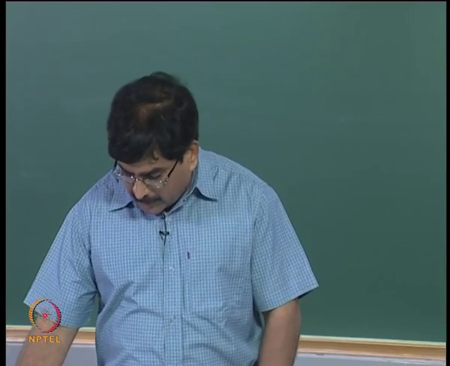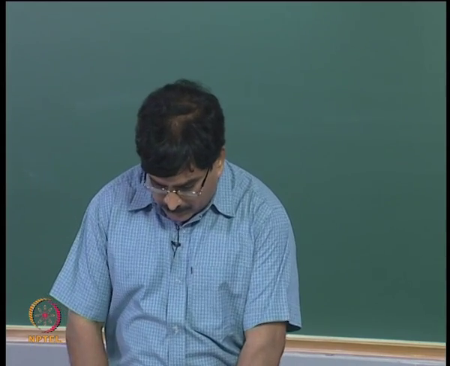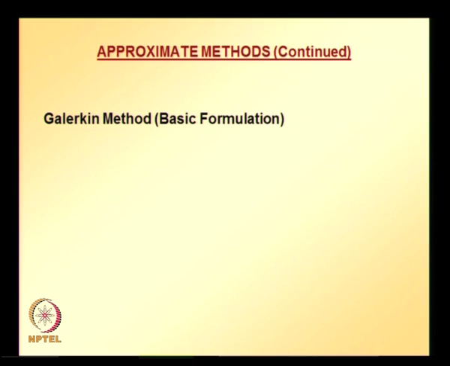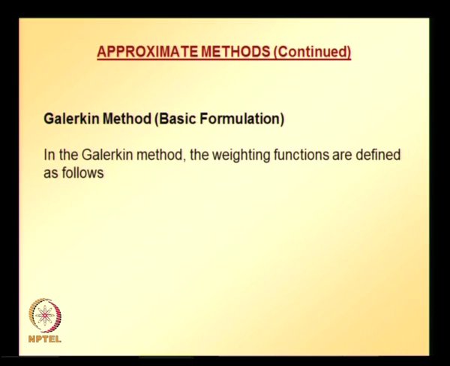So, now let us look at the other weighted residual method, that is Galerkin method, and this is what we are going to use in conjunction with finite element method. So, in Galerkin method, the weight function is defined as follows: Wi is defined as the partial derivative of u with respect to ai.